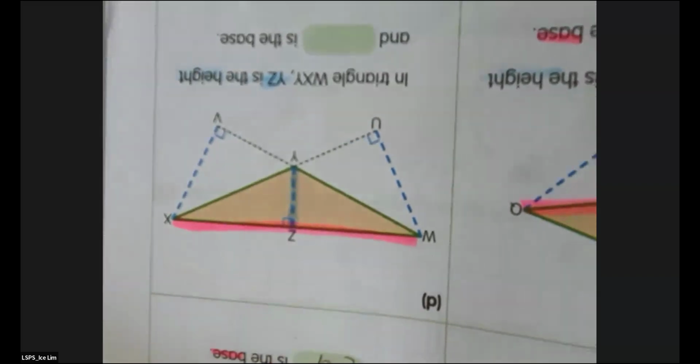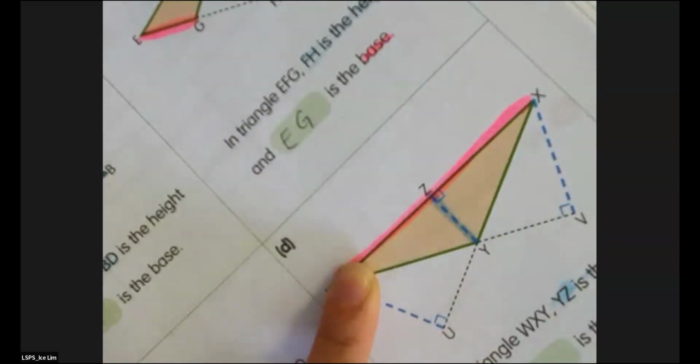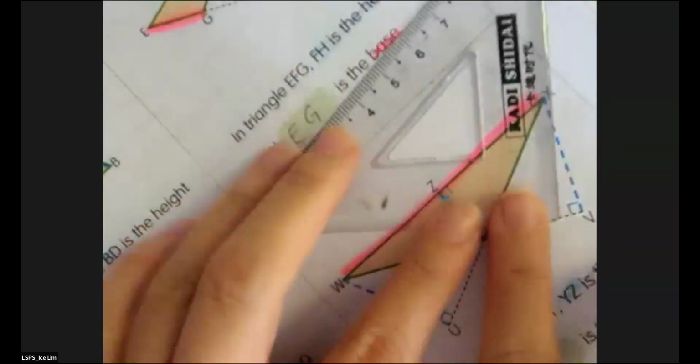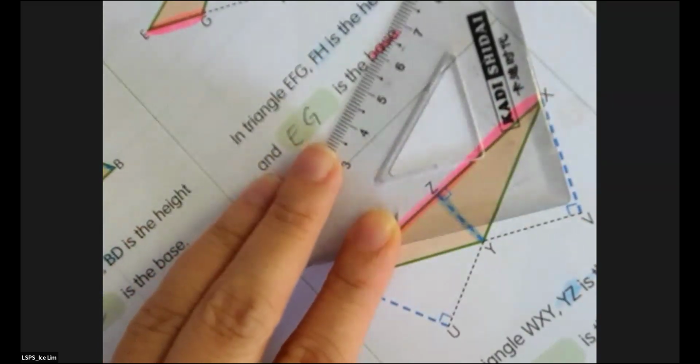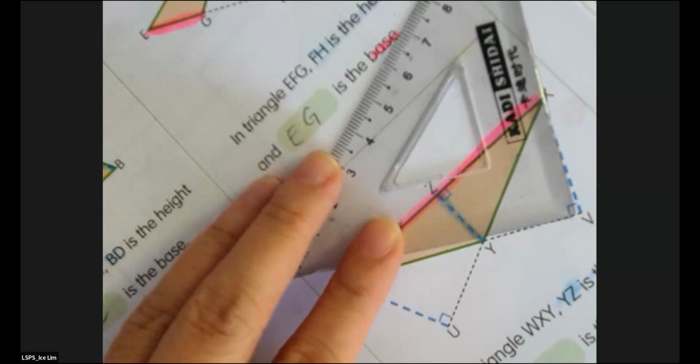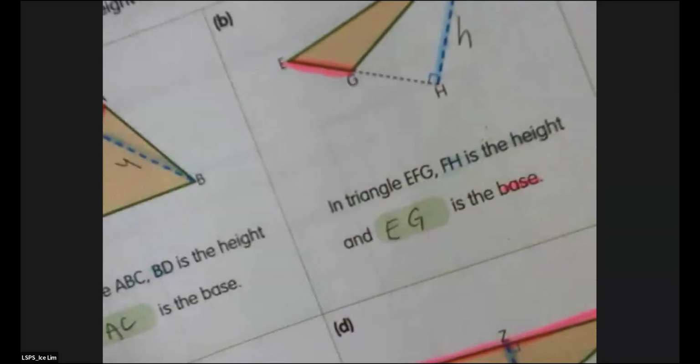Now, if I ask the triangle to sit on its base on this side, the height will be different. You'll get a different number. But you realize that when you calculate, all of them will give you the same answer.